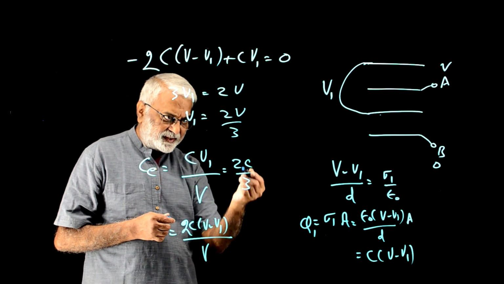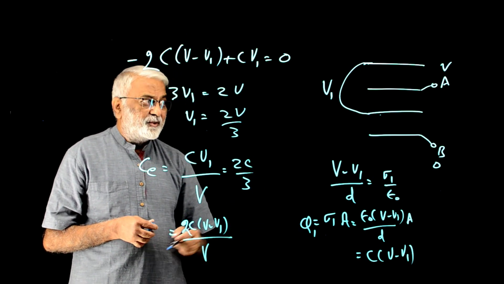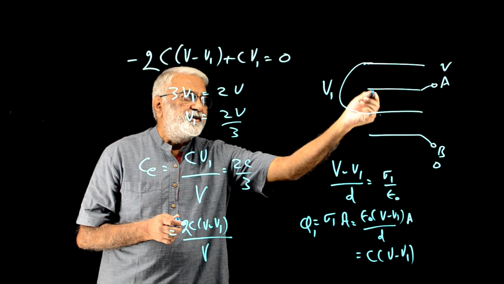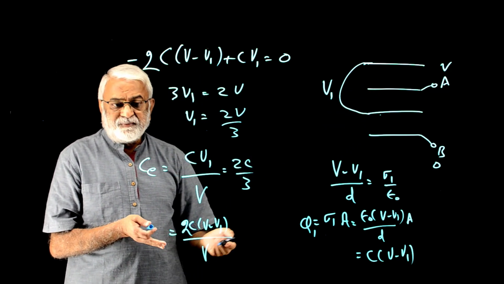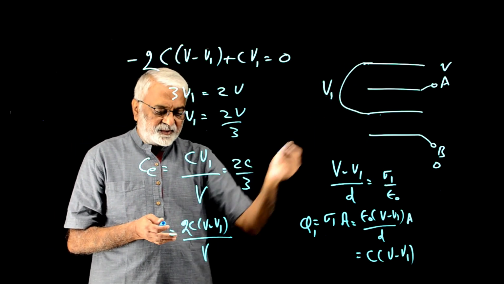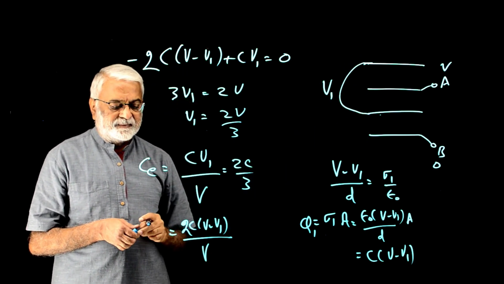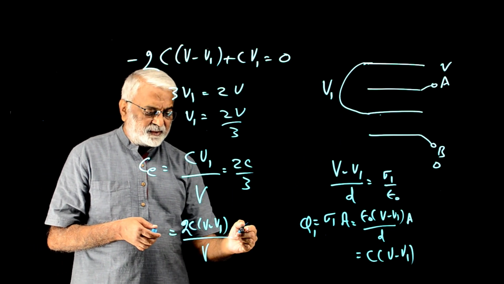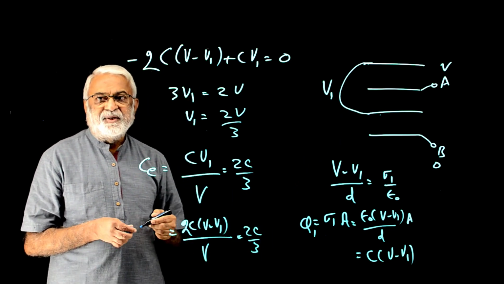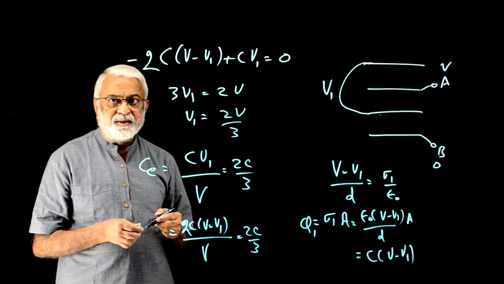So again, you get the same thing, of course. It will be more convenient looking here because you don't have to add up the charges on two layers. It's come out to be convenient here because on both sides you have conductors at V1. So this is also 2C by 3. This is the effective capacitance between A and B.